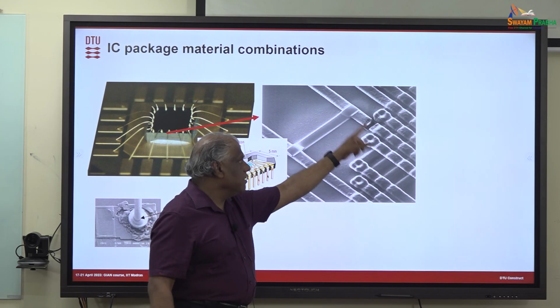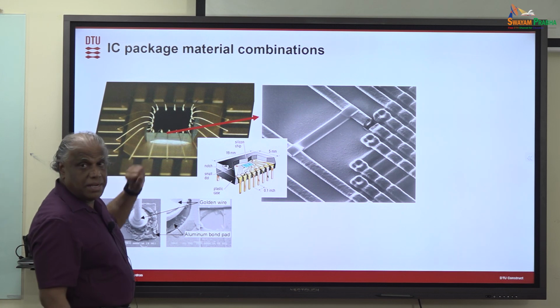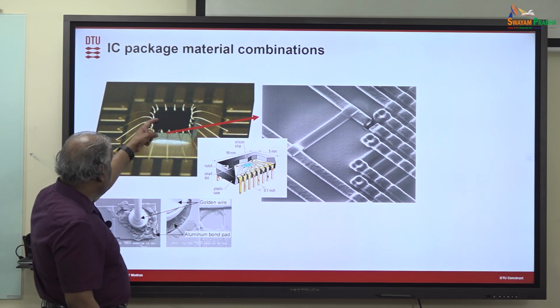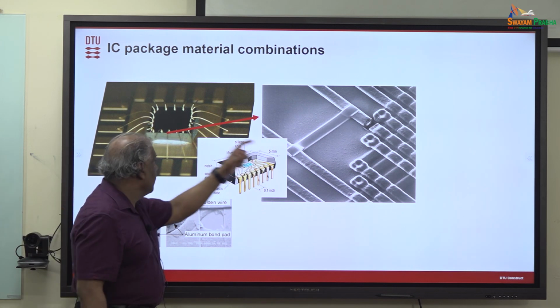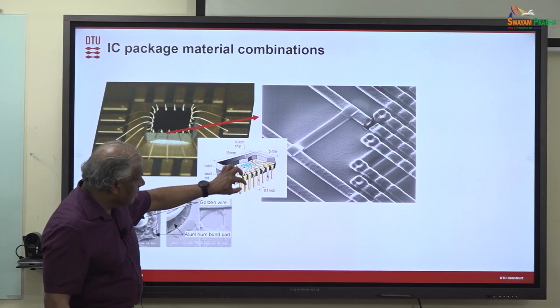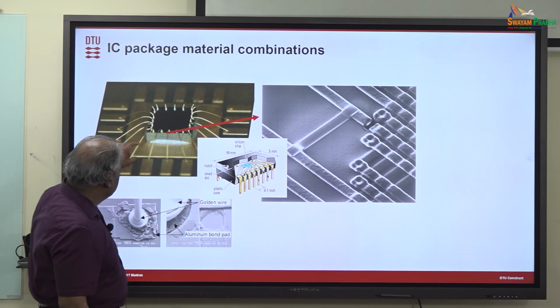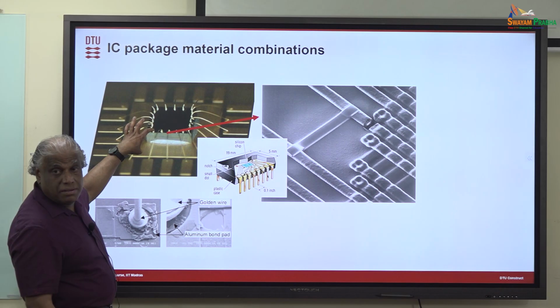All these are aluminum lines, conduction lines, dividing the silicon semiconductor. Then each of these aluminum lines has to be connected to this one, which is then coming to the PCB surface. So this connection between this one and the semiconductor is done by using a gold wire.